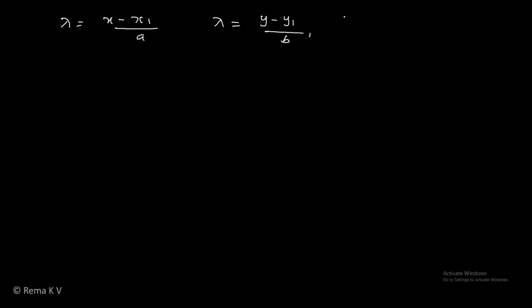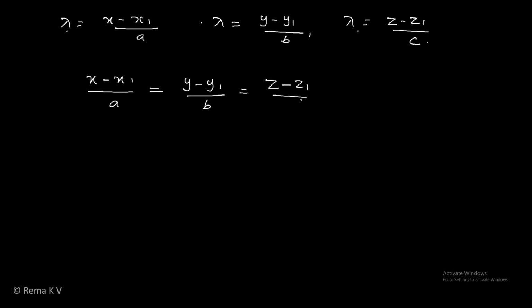From the third one, lambda is equal to z minus z1 by c. Isn't it? So in all these cases lambda is the same. So we can write x minus x1 by a is equal to lambda, which is equal to y minus y1 by b, which is equal to z minus z1 by c.